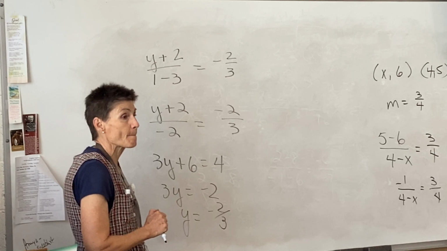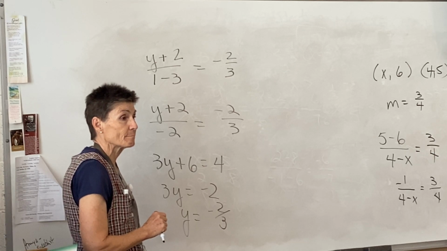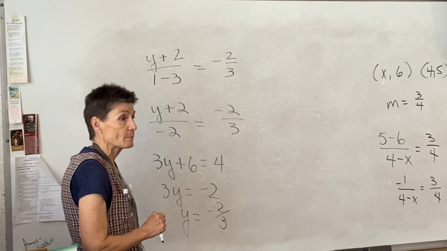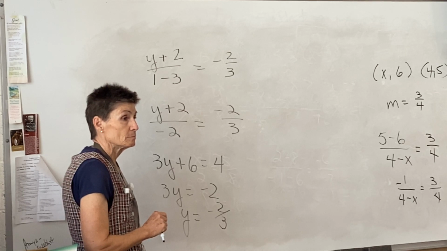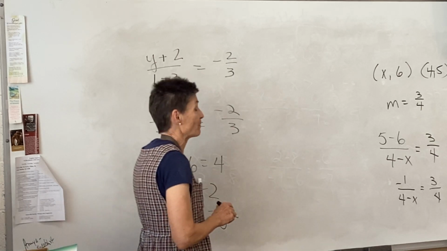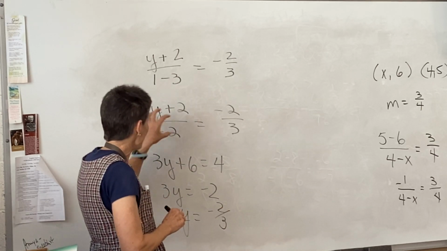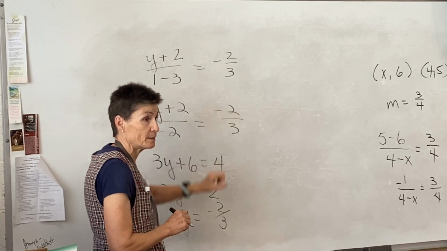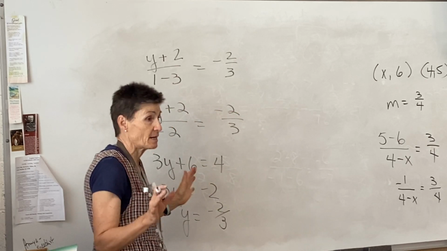How do you know when you can do cross multiplication with the equal sign? Anytime you have a proportion, which is a fraction equal to a fraction, you can cross multiply, anytime.